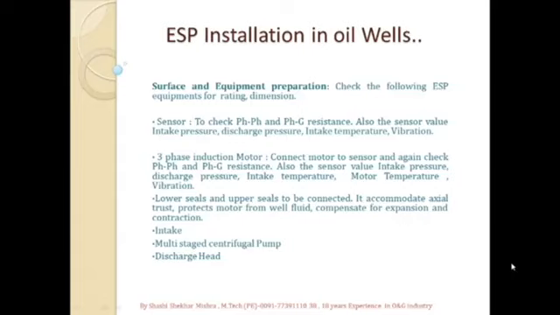Then with the motor we record again the PI and PD, where PI is intake pressure, PD is discharge pressure, along with intake temperature and temperature of the motor, and we compare the change in resistivity of the equipment after addition of the motor.